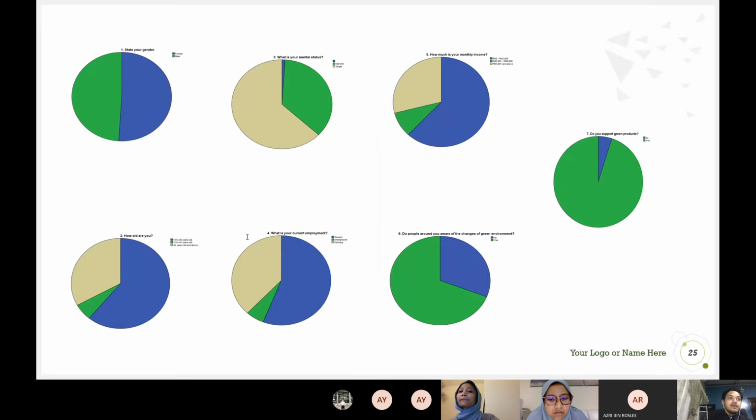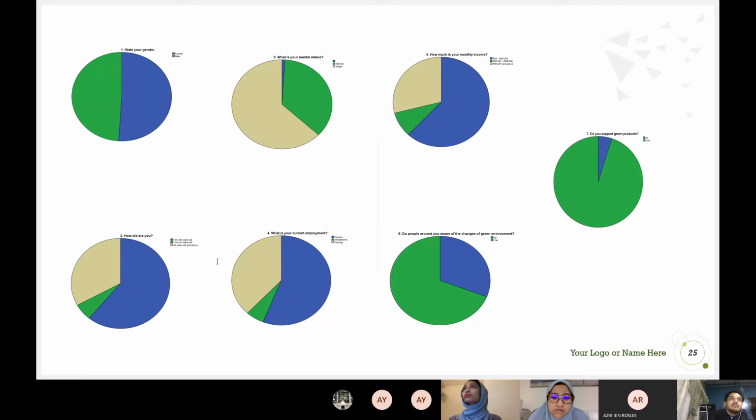So for the age from the 100 respondents, most of them are young, between 16 to 30 years old, compared to others, where the older 33% is above 46 years old. Those 31 to 45 years old are the lowest.